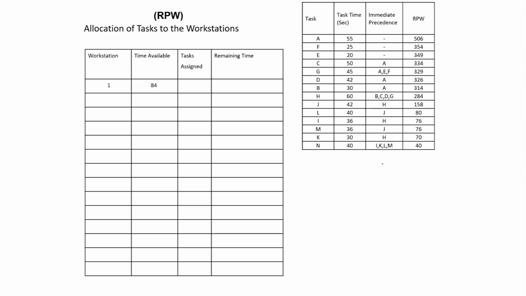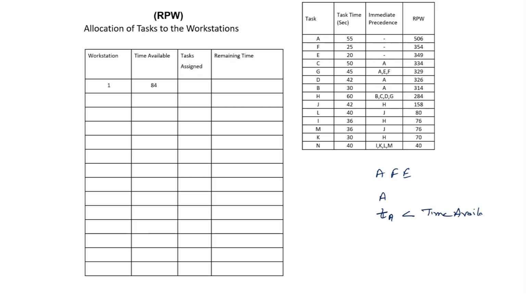So, we are having A, F and E. Out of that we will find the one which is having the highest RPW. So, element A is having the highest RPW. Then we will see its task time, whether the task time of A is less than the time available.